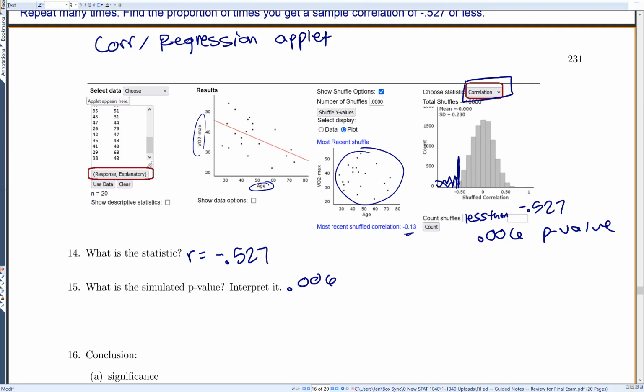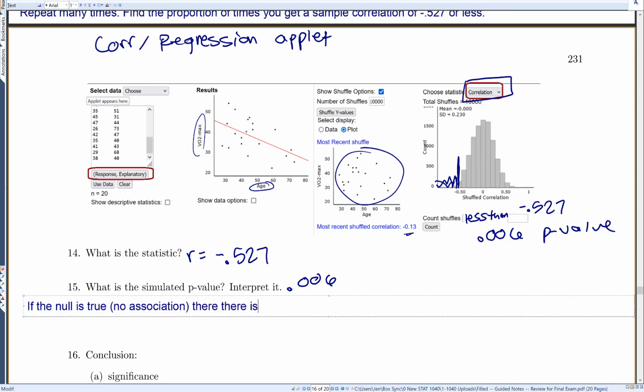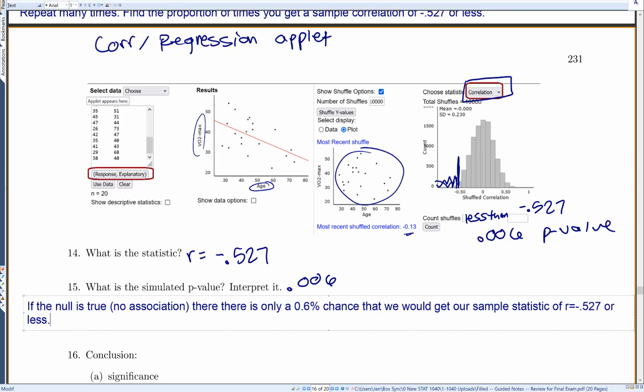What that means is that if the null is true, meaning that there's no association, then there is only a 0.6%, if I want to change it to a percentage, 0.6% chance that we would get our sample statistic of R equals negative 0.527 or less. Okay, that doesn't seem plausible at all.